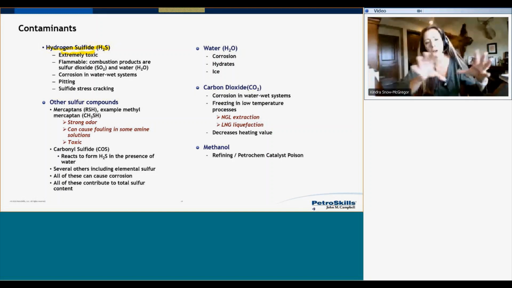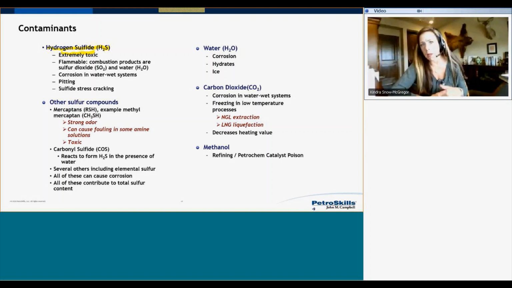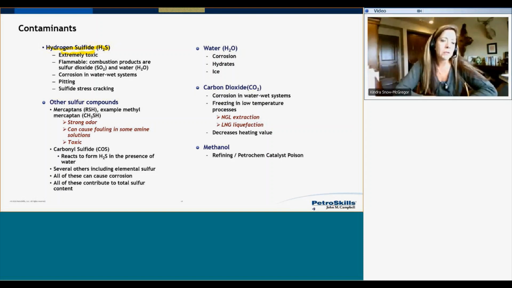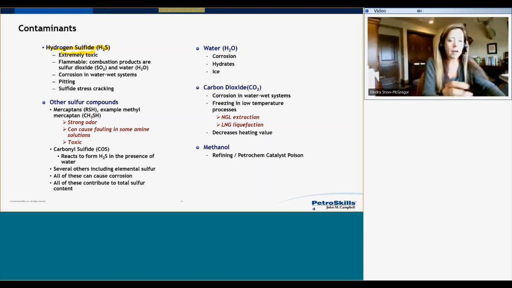So when I start looking at the contaminants and thinking about safety issues and what kind of problems they might cause in my product distribution systems or for my end users, I think about H2S. Certainly H2S is extremely toxic, but one of the biggest problems outside of that is that it's flammable. And when I burn H2S, I'm going to make sulfur dioxide and water. So what you're looking at right there is our friend acid rain.